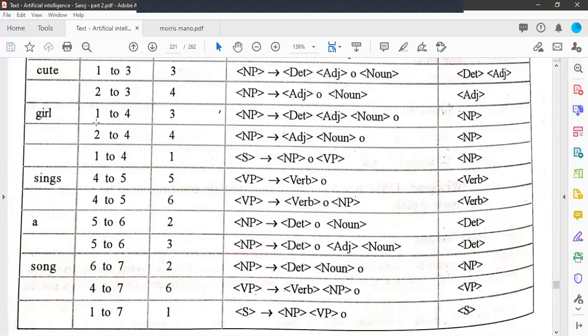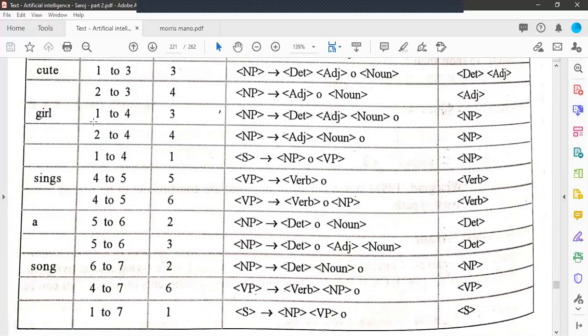When you start from 1 to 4, it is like determiner, adjective, noun, and the entire constituent parts form noun phrase. Entire thing of determiner, adjective, and noun forms noun phrase.